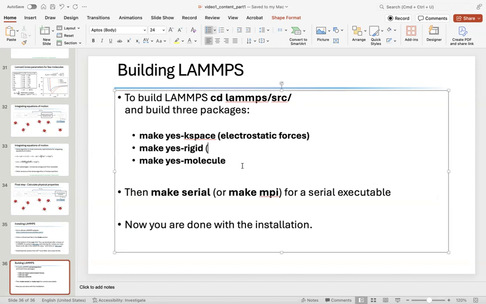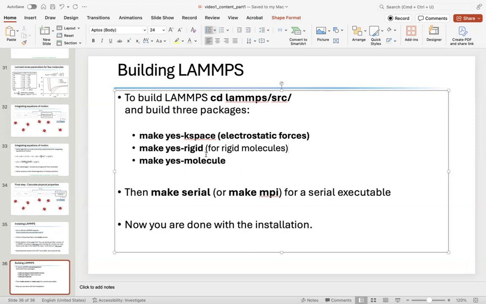The next package is called rigid. The rigid package is for rigid molecules. So if I'm simulating molecules like CO2 or even hydrogen as a rigid molecule, which we will do in this particular example, then we need this rigid package.